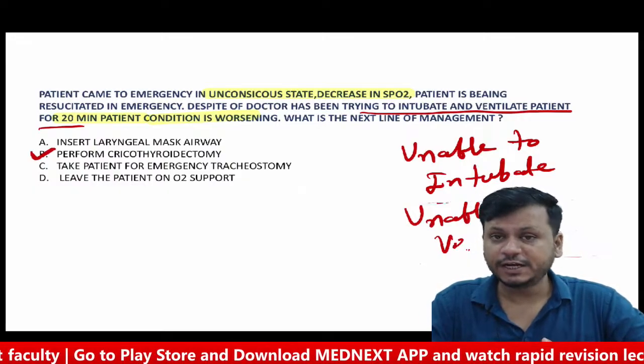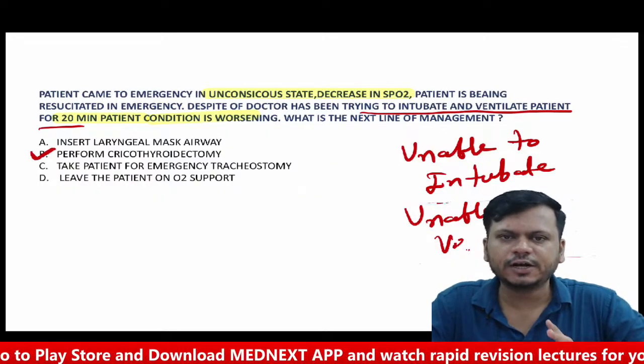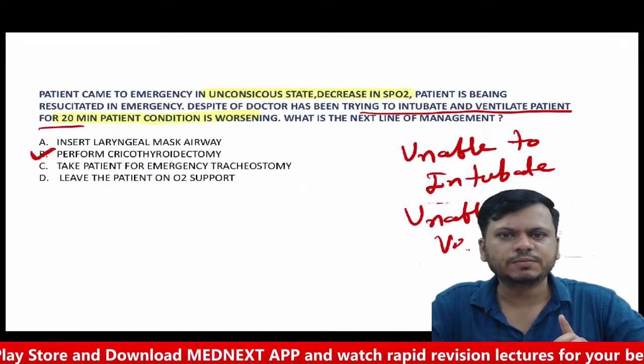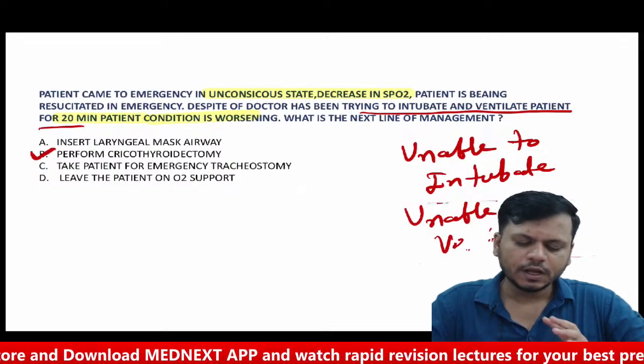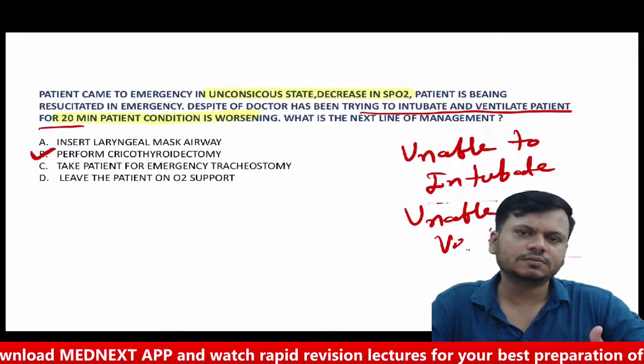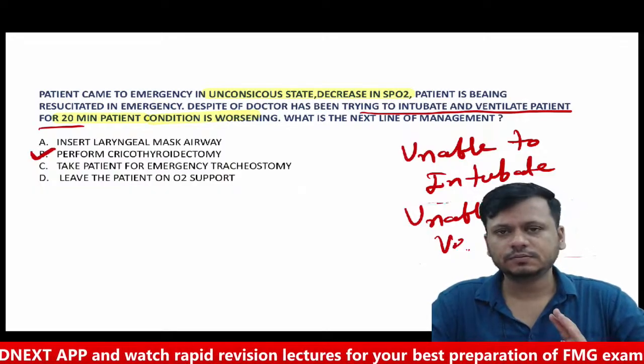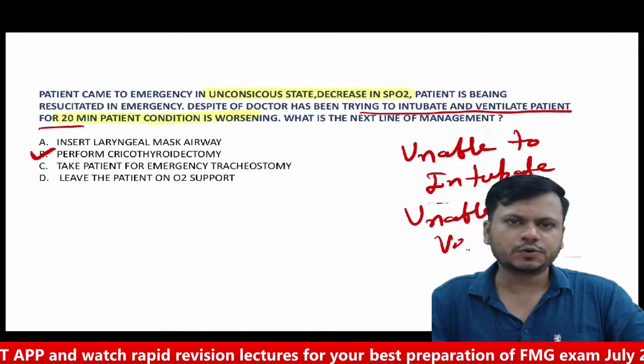Definitive, tracheostomy; unable to intubate, unable to ventilate, cricothyroidectomy. Cricothyroidectomy is an emergency procedure, right? And if the patient is able to ventilate, SpO2 is increased, then the answer is LMA. Okay, these are three scenarios. By this we can trick the question.